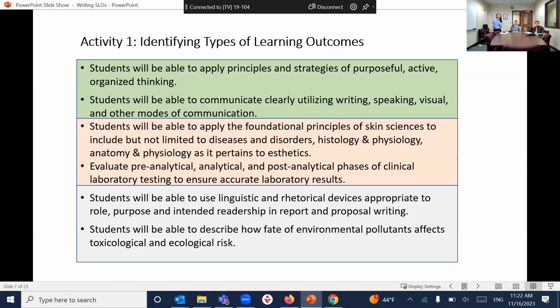And the third and the fourth statements are program learning outcomes that I took from the aesthetic program and the environmental science program. And the last two are the course learning outcomes.